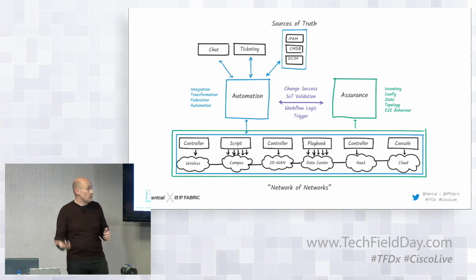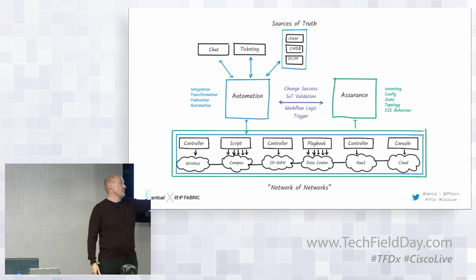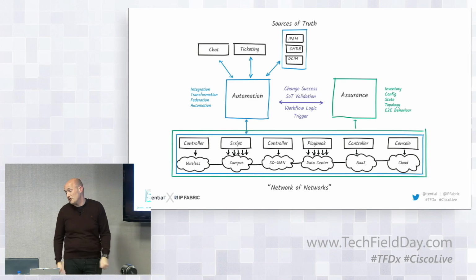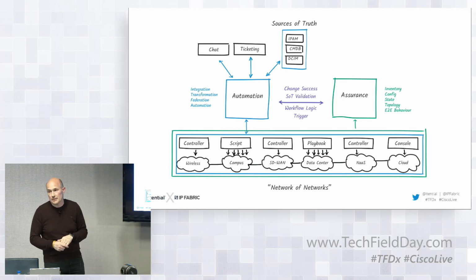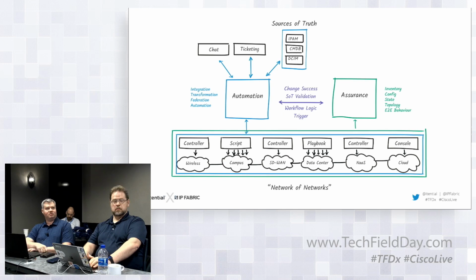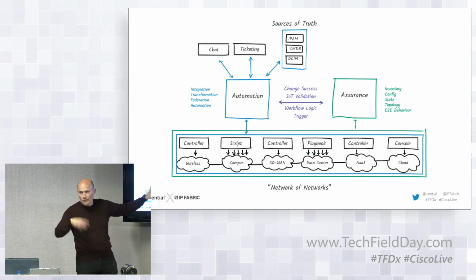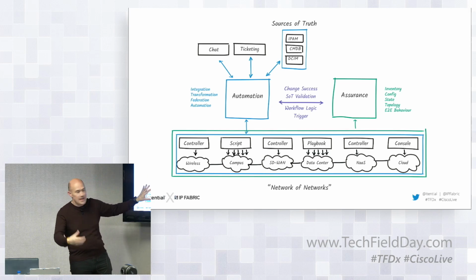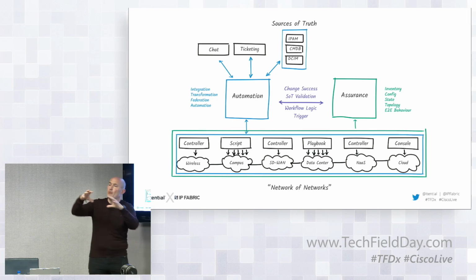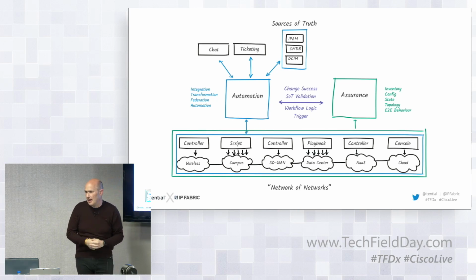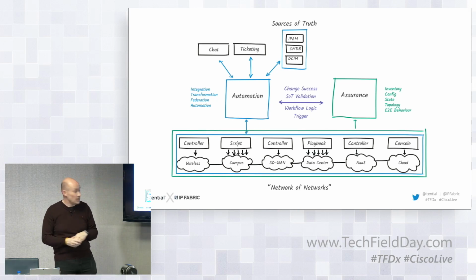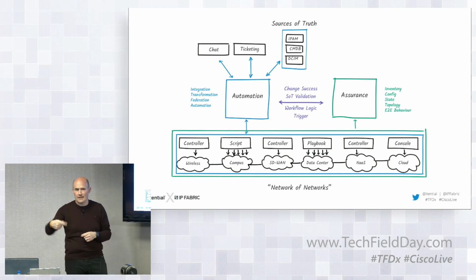And to be fair, you could quite comfortably use those as another form of input into the automation process. Maybe you'd draw a triangle there. The triangle is really the sources of truth for the intended state. It's the automation, the fulfillment of that intent, and the assurance then becomes more of a group of capabilities, I suppose, to validate that yes, the network is doing the thing it should.